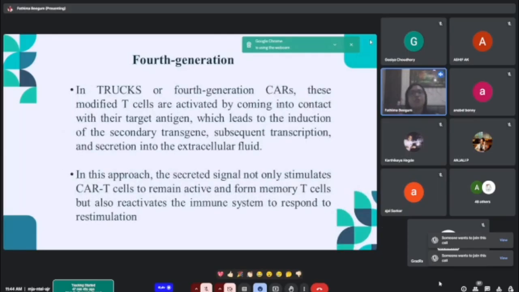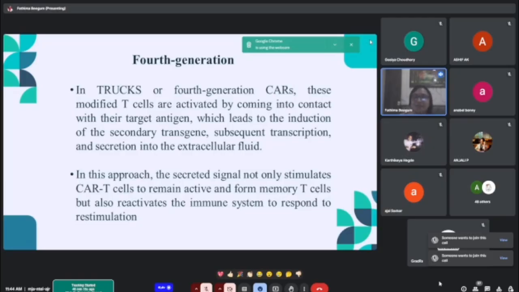And in the TRUCKs of the fourth generation, what happens is a secondary transgene induction will be there and transcription will be increased. By this approach, the secreted signal not only stimulates the CAR T cells, it helps to memorize the T cells also and also reactivates the immune system.